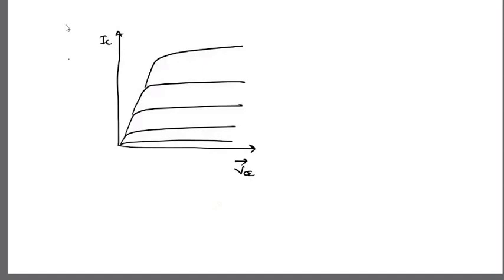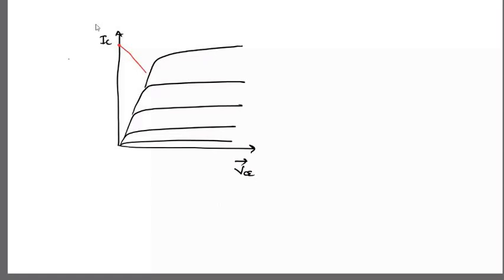If I draw the waveforms, at this point everything is fine until here, because this point lies in the active region, and we are going to operate this transistor in the active region.